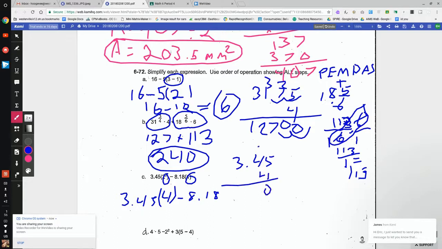I got 0, I got 2, I got 16 plus 2 is 18. 12 and 1 is 13. So I got, go over two places, I get 13.8. Again, minus 8.18. Can move up and do that over here.